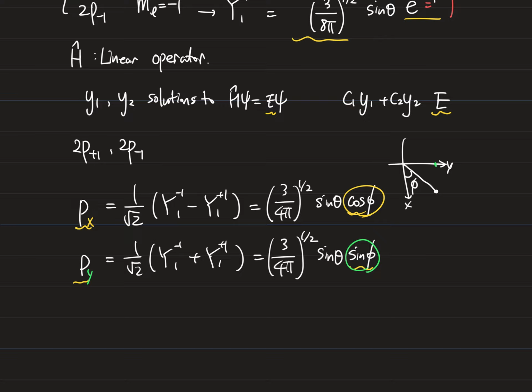But according to this linear combination, we are converting the complex wave function into real wave functions. That is the final result that you can see in your general chemistry textbook.